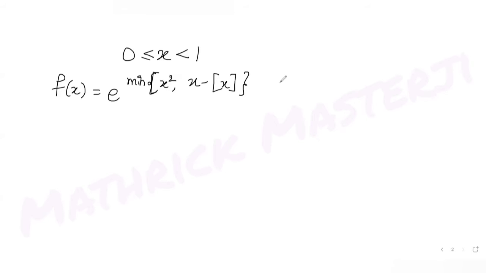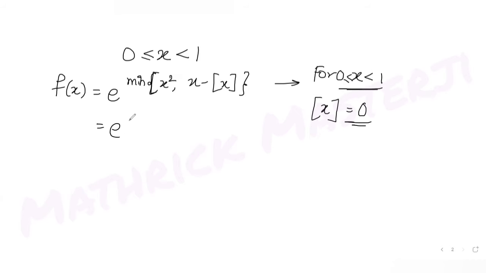Now I know for all the values of x greater than or equal to 0 and less than 1, the greatest integer function of x, meaning the integer which is less than or equal to x, is going to be 0. So you have this as e raised to the minimum value of either x square or x.